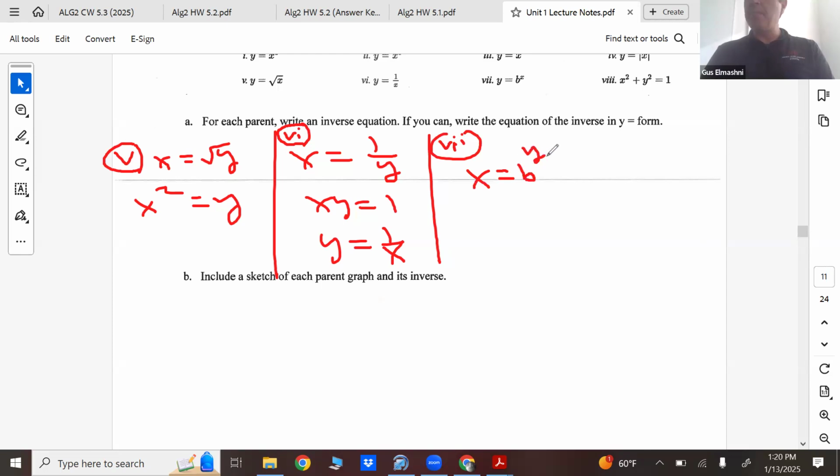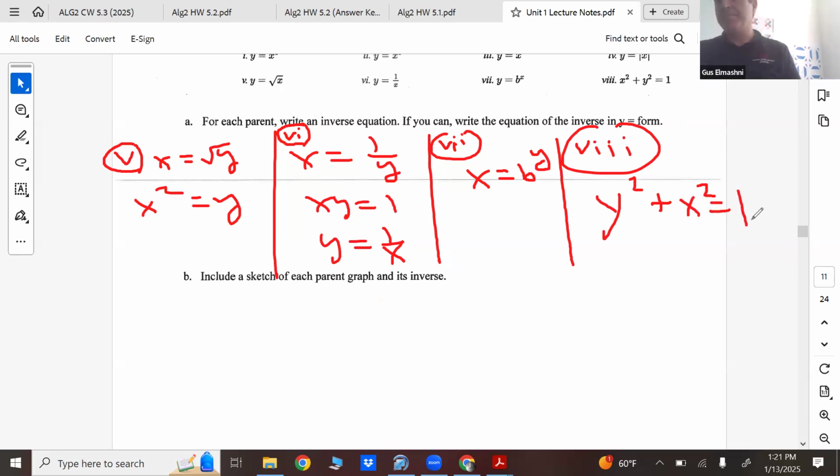Let's leave it like that for now, because we're going to explore it on page 13 today. And here, well, big deal, it's just the same thing. If you replace it in Desmos, it would just be a circle. And guess what? Circles are very symmetric about y equals x itself, so it doesn't really matter.